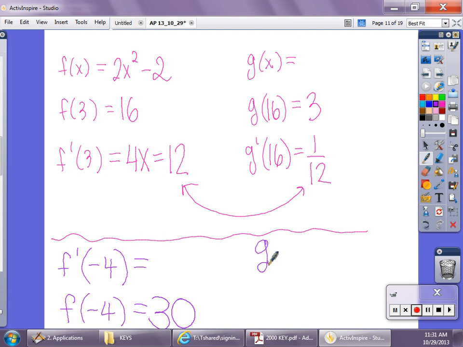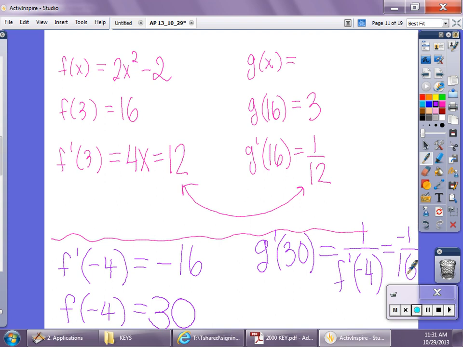And then, so whose prime will I be able to find? g prime of 30. And I would know it if I can figure out what f prime of -4 is, which I do know very easily. What is f prime of -4? -16. So what is g prime of 30? 1 over -16, so -1/16. That's actually a rule. It is literally a rule.